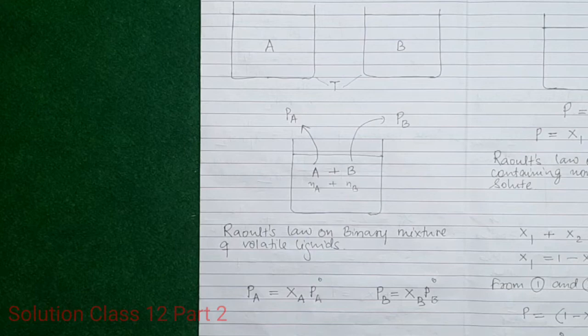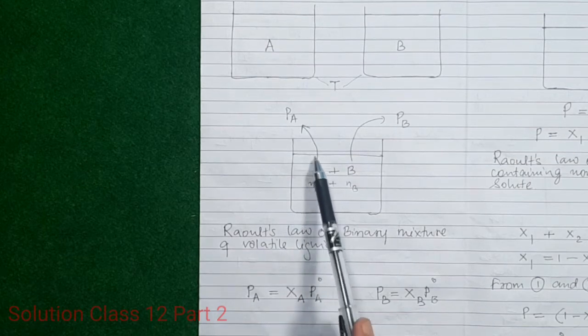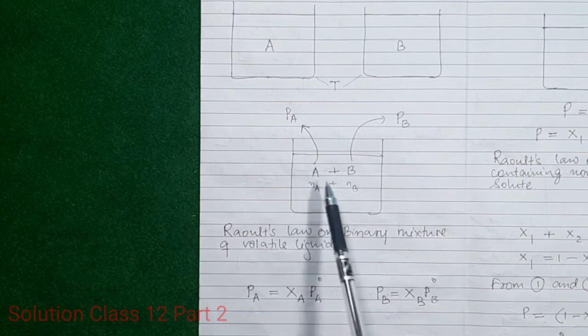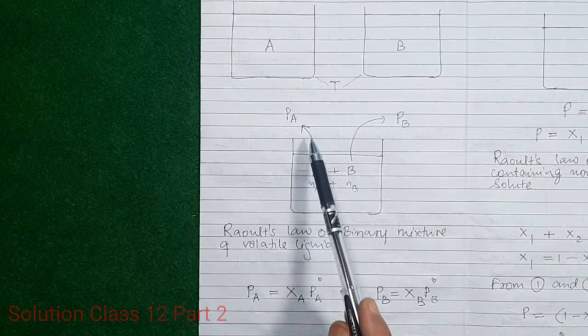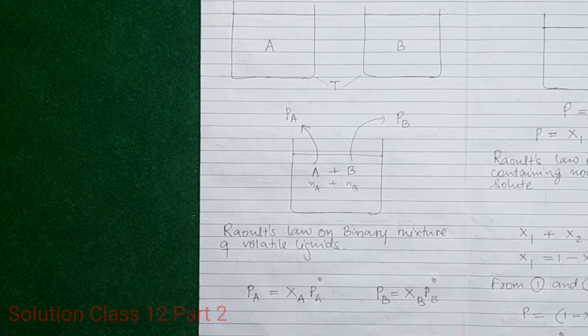So do you think it makes sense that this simple calculation is logical? It's absolutely logical. Imagine in this mixture we've got a lot of A. When you have a lot of A and less B, I expect A to form a large amount of vapor compared to B. So how much vapor A forms in this mixture depends on the amount of A, and that's why we have the mole fraction of A here.